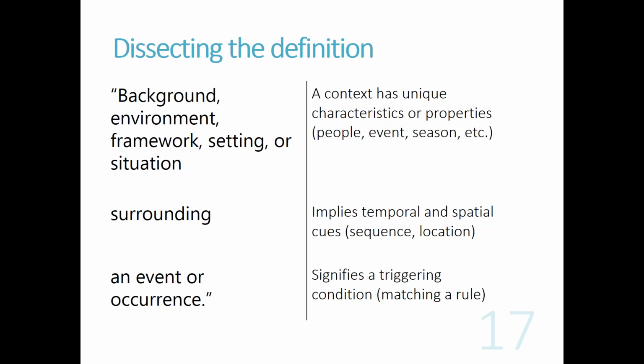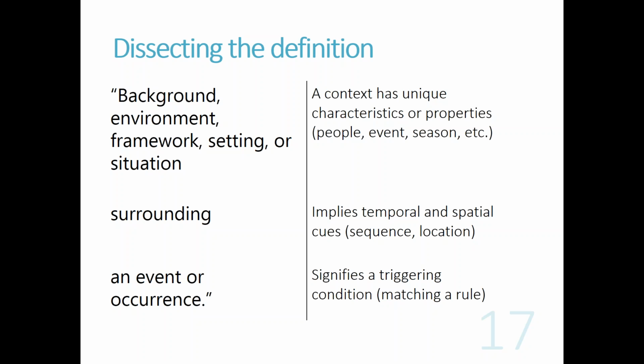And then the word surrounding implies that there's some temporal or spatial cues that we'll be able to derive from this context. An example of a surrounding would be if an application provides a reading sequence for the content or provides a location for you to go to. And then the event or the occurrence is the triggering condition or something that triggers the opportunity for doing that activity.